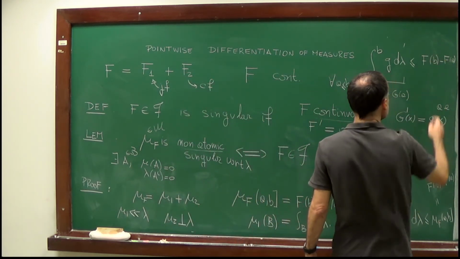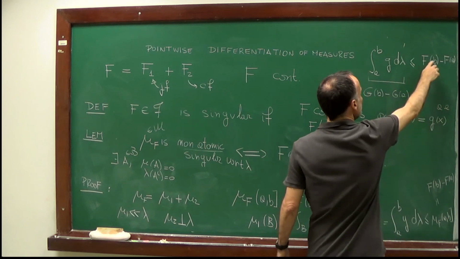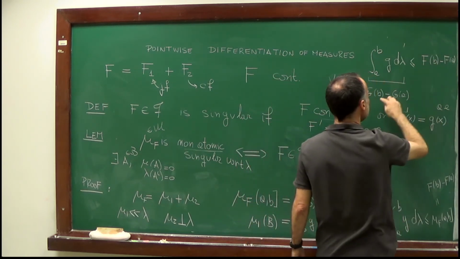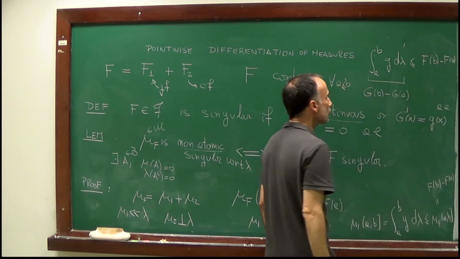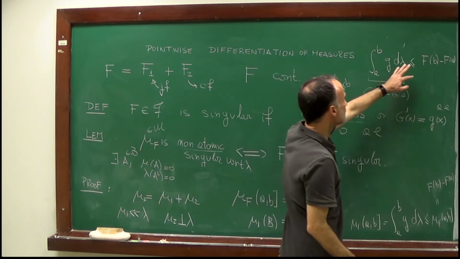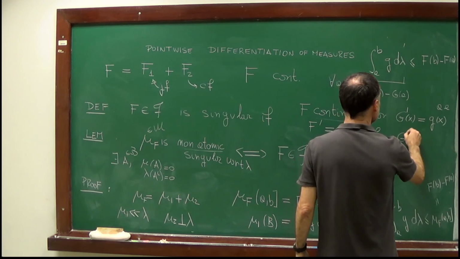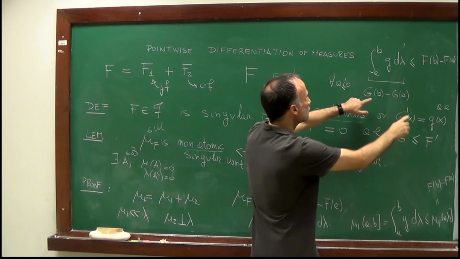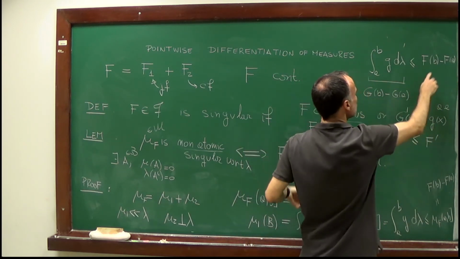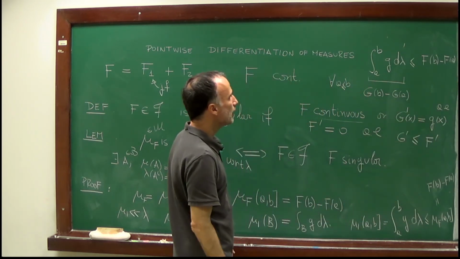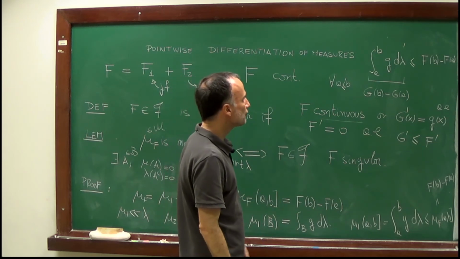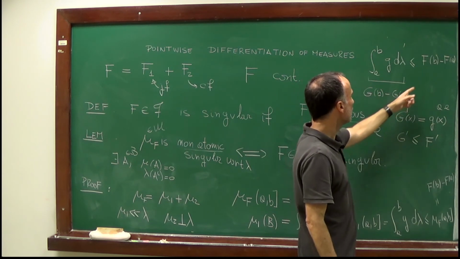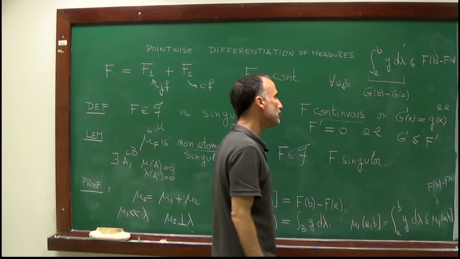On the other hand, by that inequality, if you divide it by b minus a and you let b converge to a, what you get is that G prime is less or equal than f prime. It follows from this inequality, if you divide both sides by b minus a and you let b decrease to a, that, if it exists, G prime of a is bounded by f prime of a.